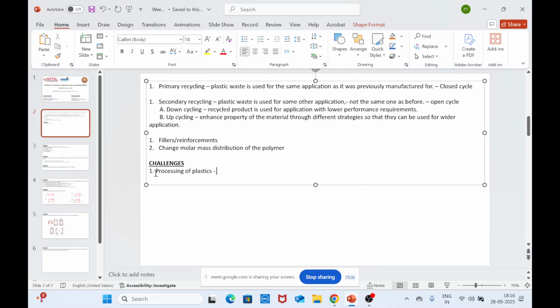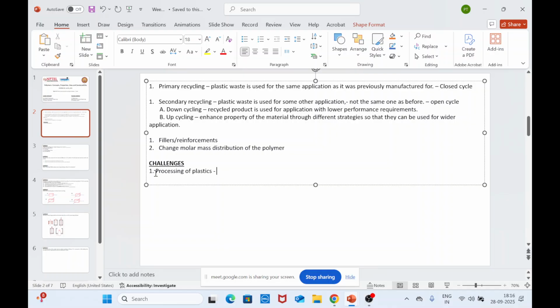When you do these recycling operations, you do the process at high temperatures. If the waste has multiple plastics of different kinds, let's say PET, PMMA, PVC, then the melting temperature is going to be different for all of them.